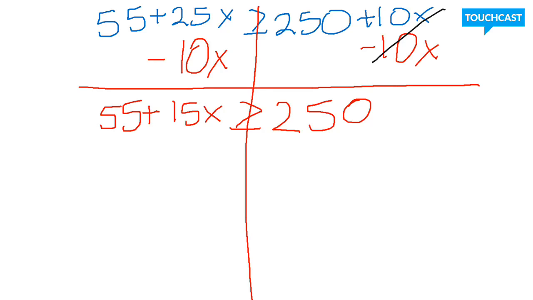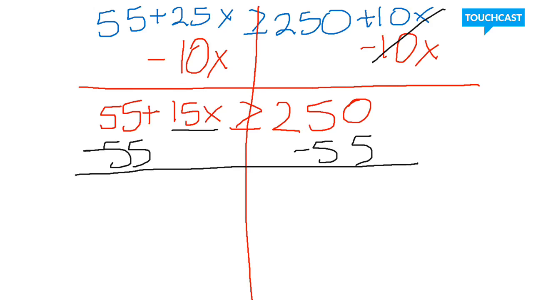Okay, so I still need this x by itself. We're going to work away from the variable first. So subtract that 55 on both sides. Remember, what you do on one side of the line, you have to do to the other. And you can only do it when you combine like terms. So see, there are no variables on the right side, so we can do that.